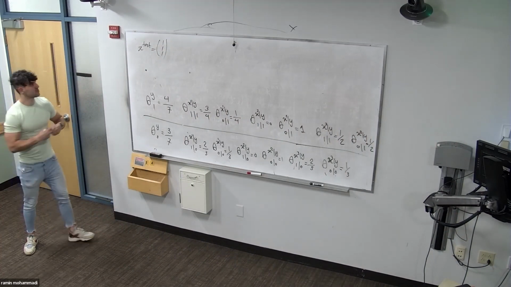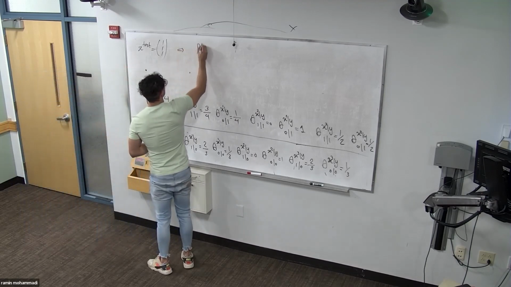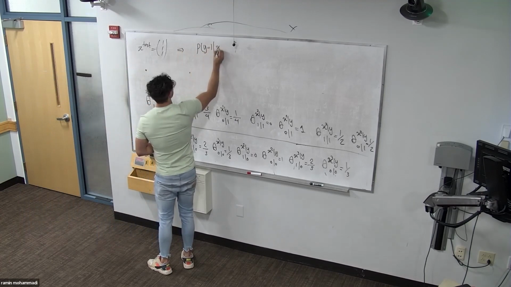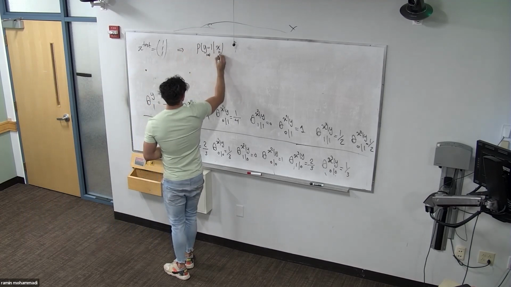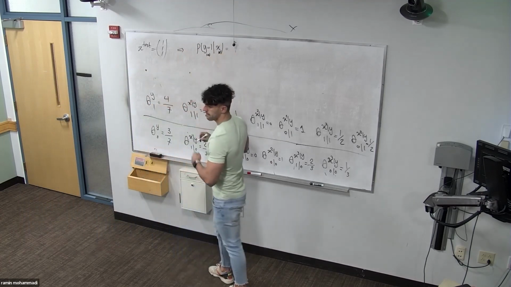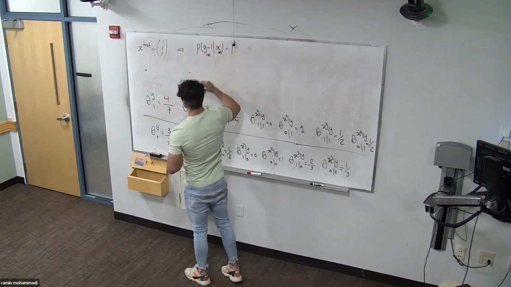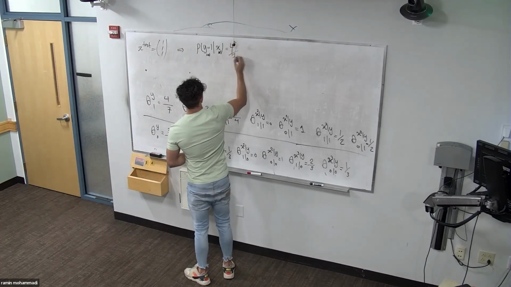So let's say you want to find the probability of class being 1 given x test. This is what you're trying to solve. First, you multiply by the prior. What is the prior? 4 by 7, right?